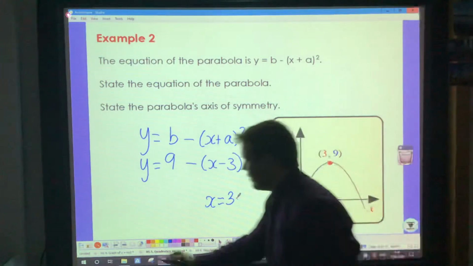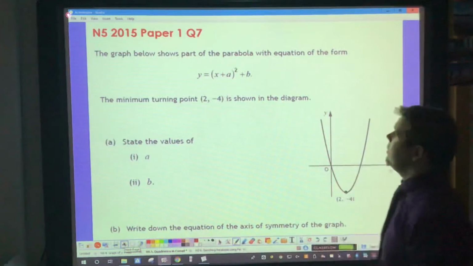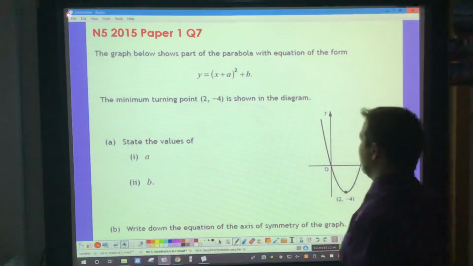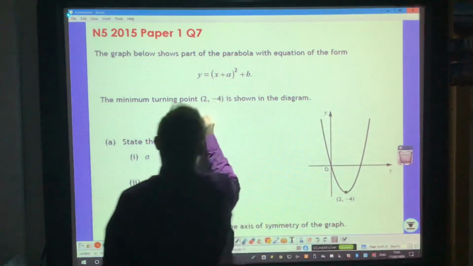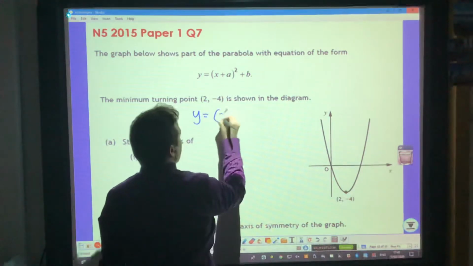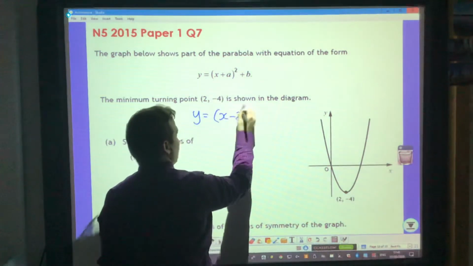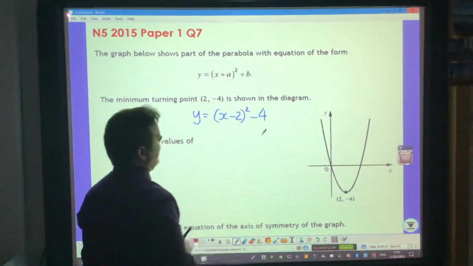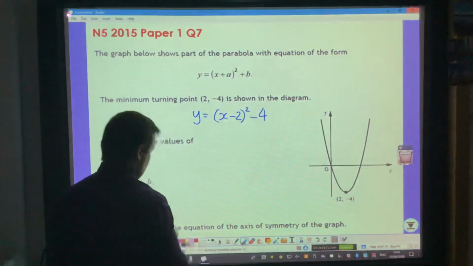More wee practice questions. So if you want to have a go at this one, pause the video. This is a past paper from 2015. Okay, what I would suggest in this one is writing the equation first. So we've got the form, and I would say, okay, the turning point going back in is x minus 2 squared, take away 4. And then it's a comparison job.